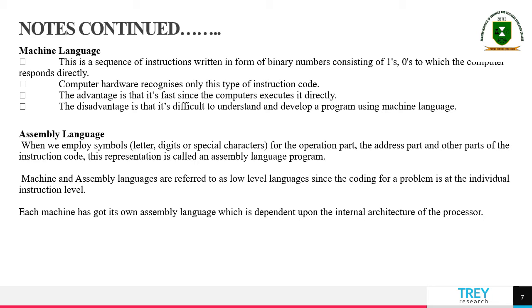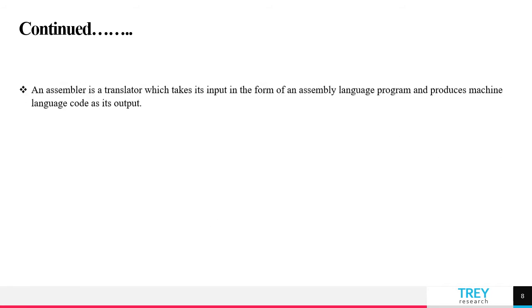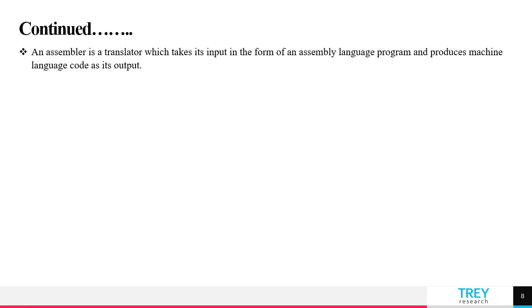You'll be able to understand what this statement means as we go on in this lecture. Each machine has its own assembly language, which is dependent upon the internal architecture of the processor. An assembler is a translator which takes its input in the form of an assembly language program and produces machine language code as its output.